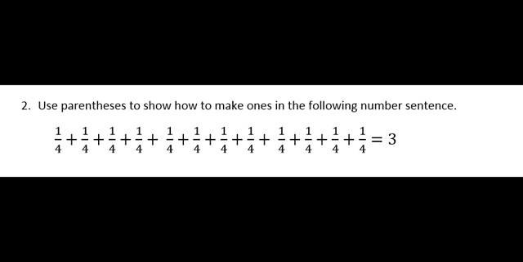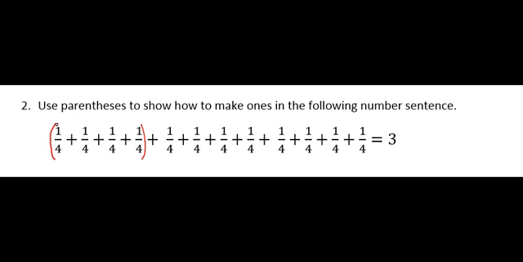In the next section, it says use parentheses to show how to make ones in the following number sentence. And you can see we have a whole bunch of 1/4 that we've added together to get 3 wholes. Well, since they're fourths, I know it takes 4 to make a whole. So I'm just going to group 4 groups of 1/4. So here I have a section.